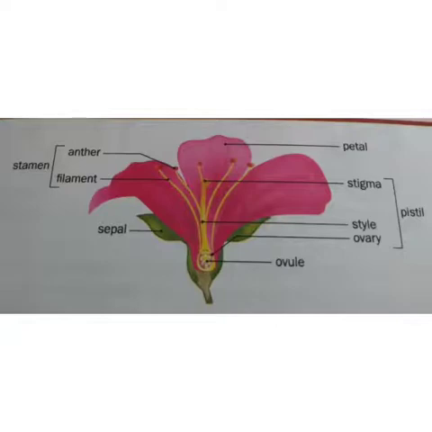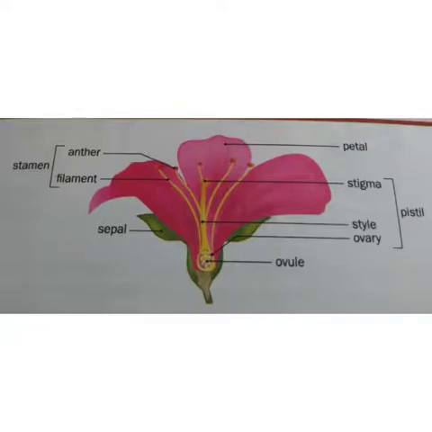Now we will read the labels in the photo. First, stamen. Stamen contains anther and filament. Then sepals. Then ovules. Then ovary. Then style. Then stigma, and then petal.